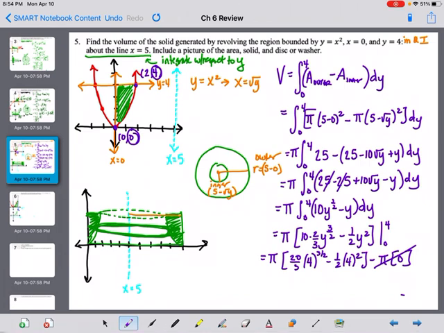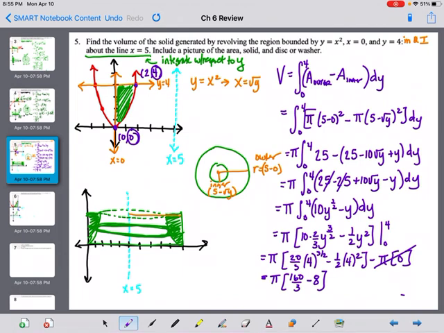So now I just need to go ahead and simplify. 4 to the 3/2 power, well, the square root of 4 is 2, and then 2 cubed is 8. And then 8 times 20/3 is going to be 160/3. And then 4 squared is 16 times negative 1/2, which is going to be negative 8.